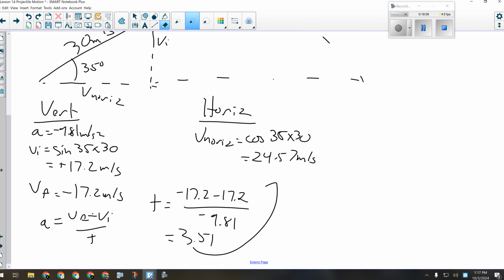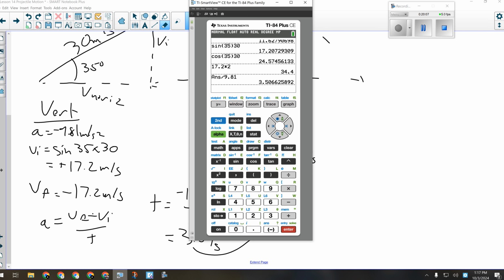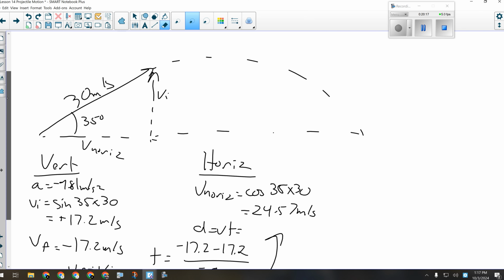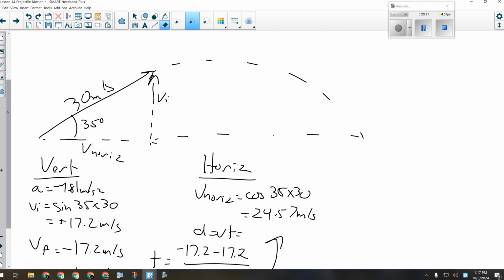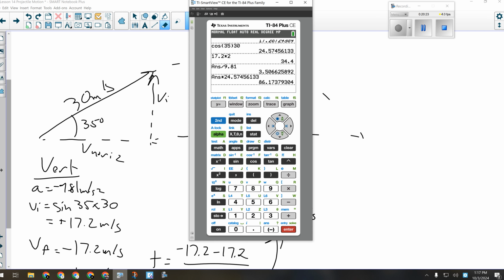Then to get D, we'll just go V times T. We had 3 sig digs, so we are looking at 86.2 meters.